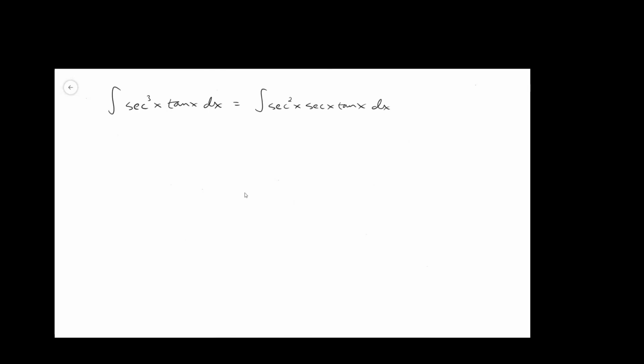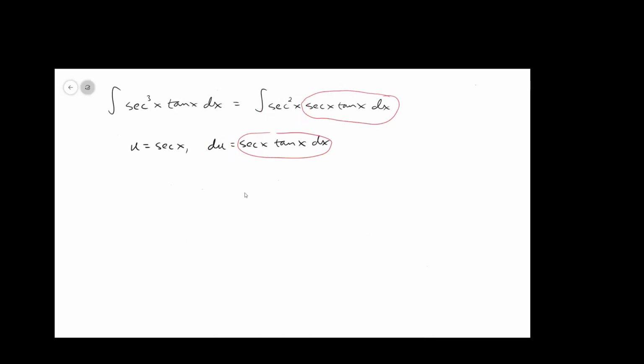it's the easiest way. Because then you can just say u is equal to secant, du is the derivative of that, secant tangent. And you see that that's exactly what's here after we split this up, right? So all of that matches this, so it's going to change into du. And then the only other thing we have there is just secant squared, and that's what we called u, so that's just going to be u squared then.